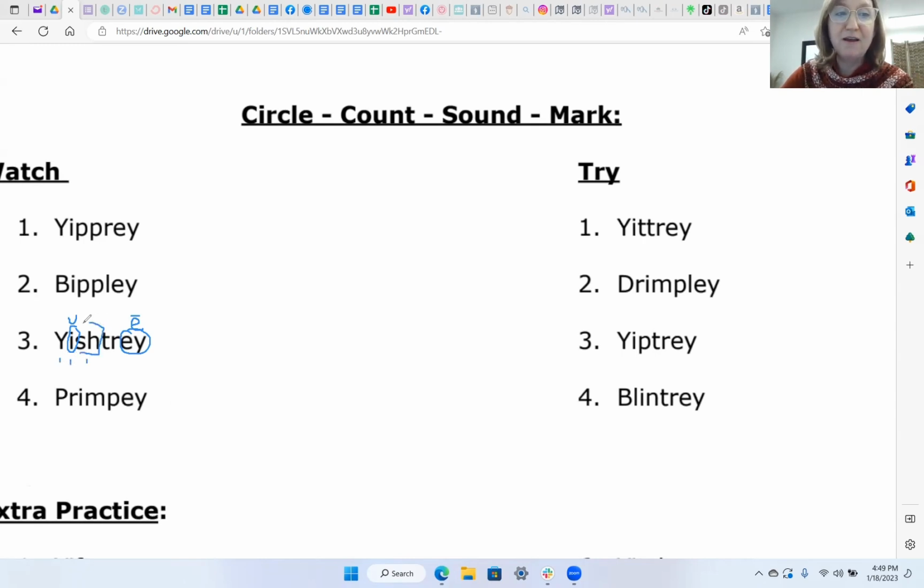There's a digraph right there. Be careful that those don't turn into a CH sound. When you blend those together, it's yishy tree. Yishy tree. Okay, try yours over here.